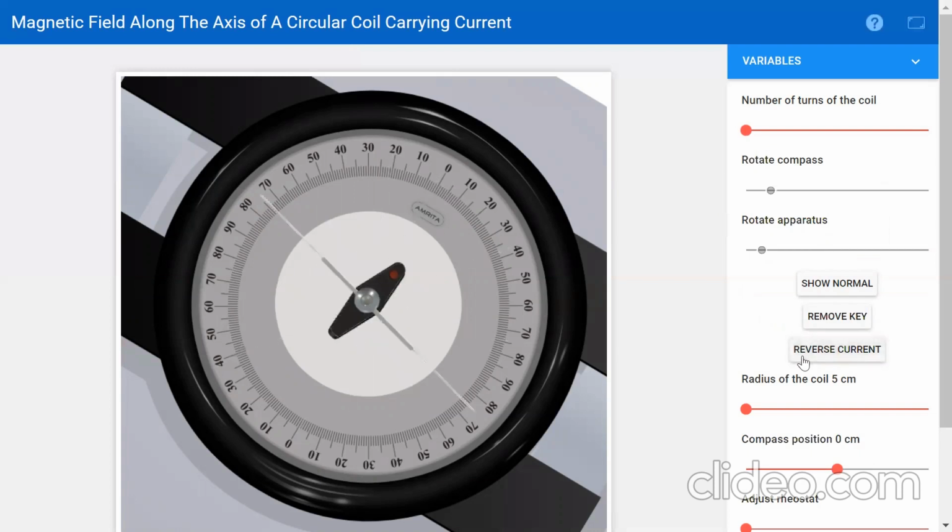As we reverse the current with this knob, again it is lying at 75 to 76. So note down theta 1 and theta 2 for both cases.